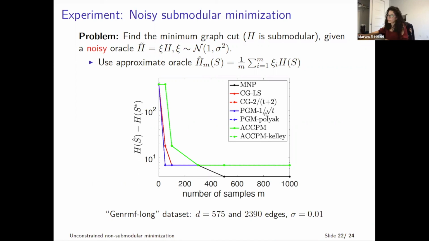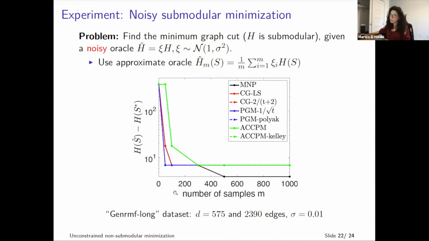And then this is the projected gradient method, either with a step size that is decreasing with the number of iterations, or another way to compute the step size called the Polyak method. And these other two are cutting plane methods. We were interested to see, if we take these classical algorithms that could be used for submodular minimization and add noise, how well they would still do.